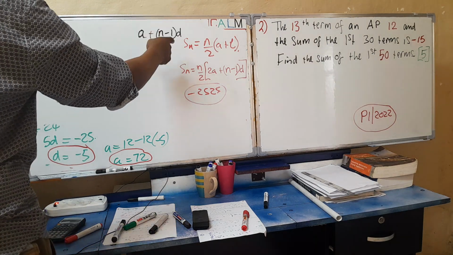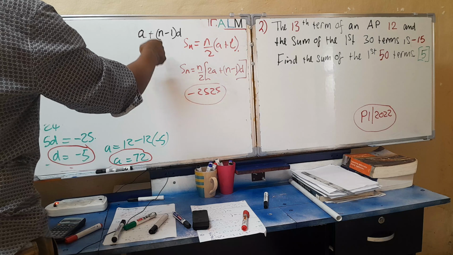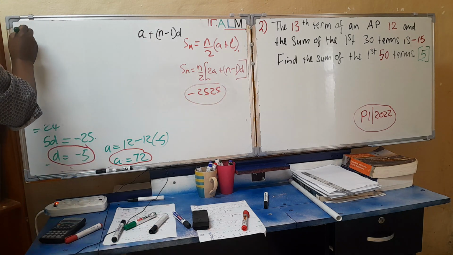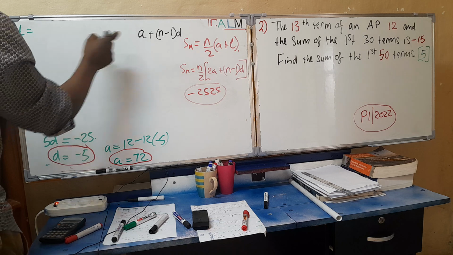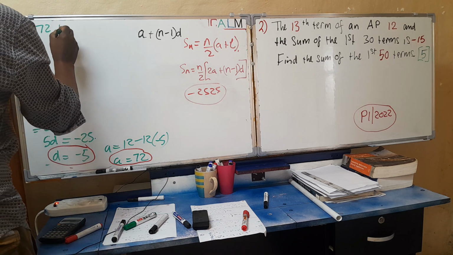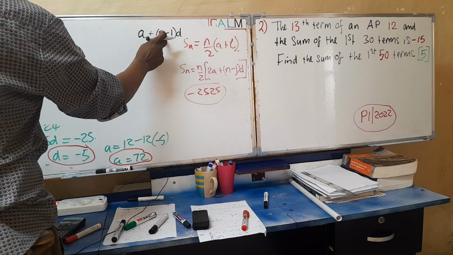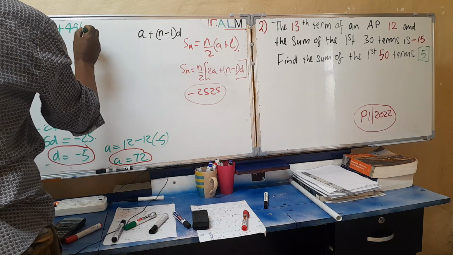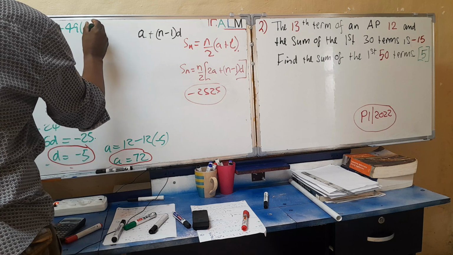In fact, our last term, because it's the nth term, which is 50 in this case. So our last term, L, is equal to, our a we have found is 72, 72 plus n is 50, 50 minus 1, that's 49, multiplied by d is minus 5.